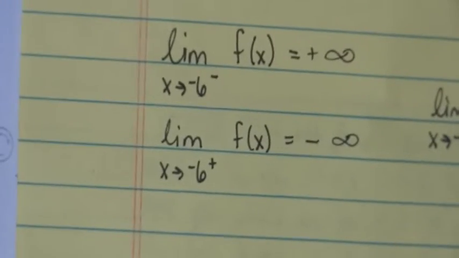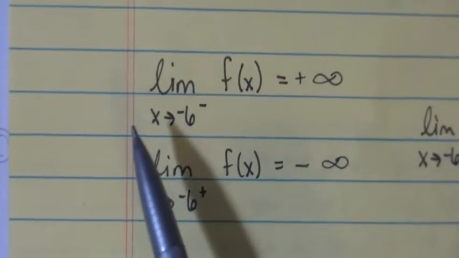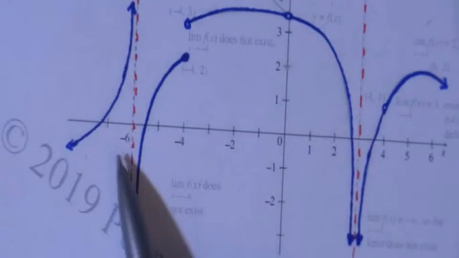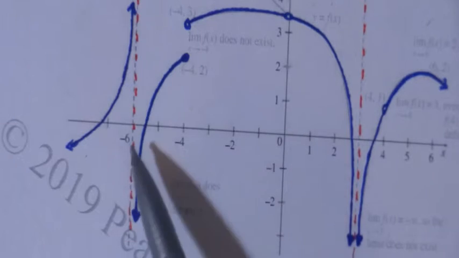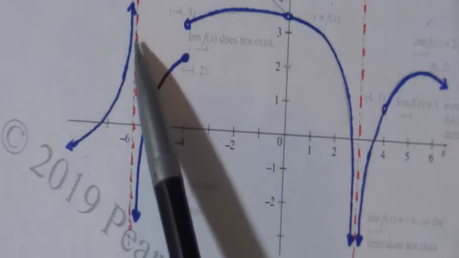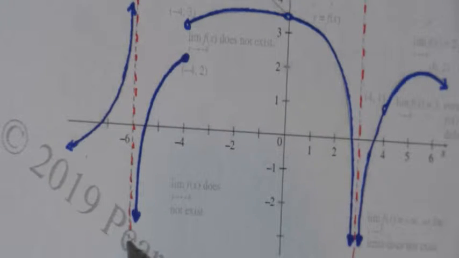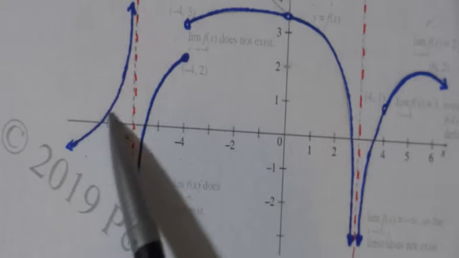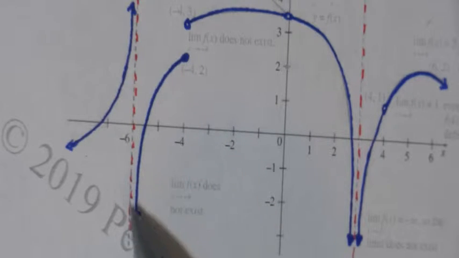So if we want to find the limit, let's say we're talking about the first one on the left, at x equals -6. As indicated by our dashed line, it tells us we have a vertical asymptote. That just means that our graph is going to approach it on either side, but it'll never actually cross.